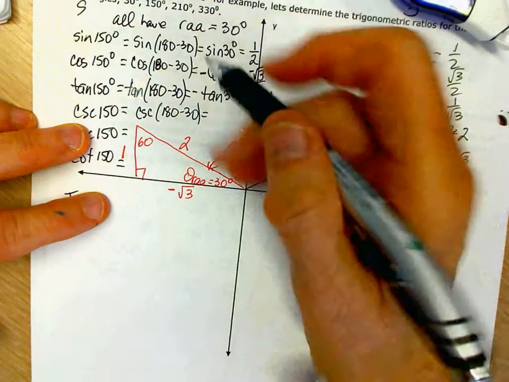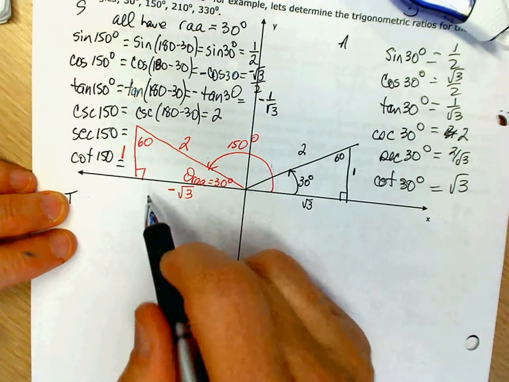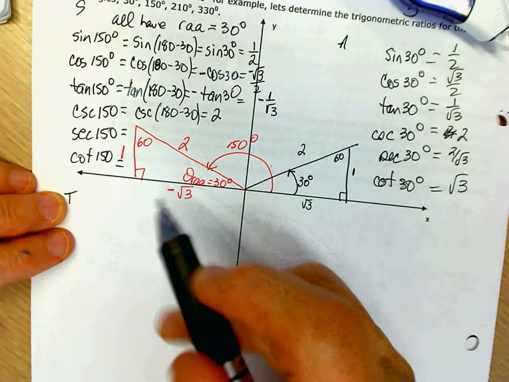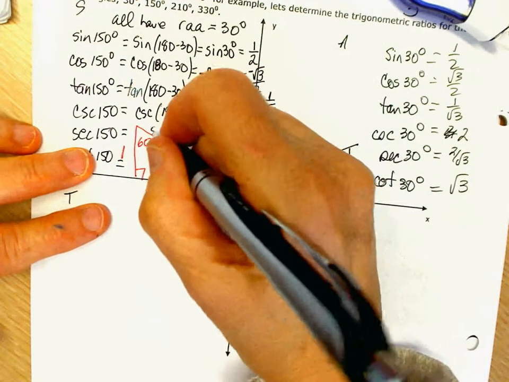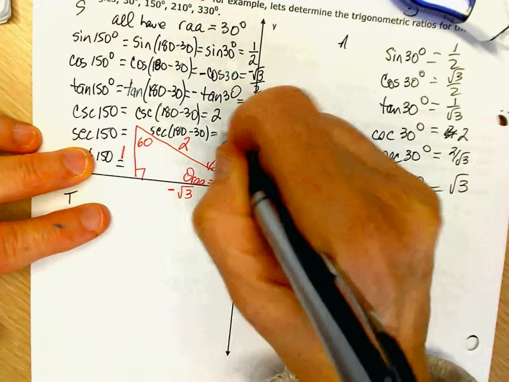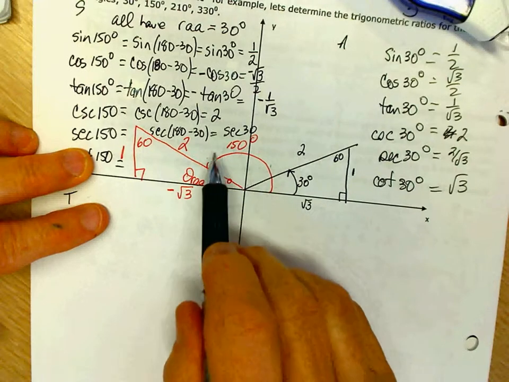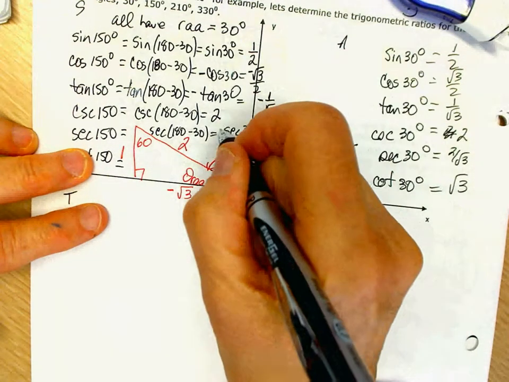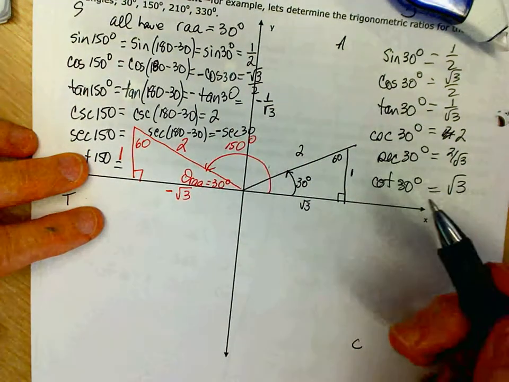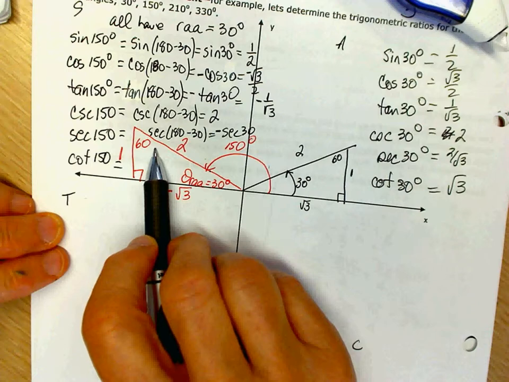I can't fit these on without running into here. Well, maybe I'll write it here. This is secant 180 minus 30 equals secant of 30. But is it positive or negative here? It's negative, right? The only thing positive here is sine and its reciprocal. So negative secant of 30 is negative 2 over root 3.